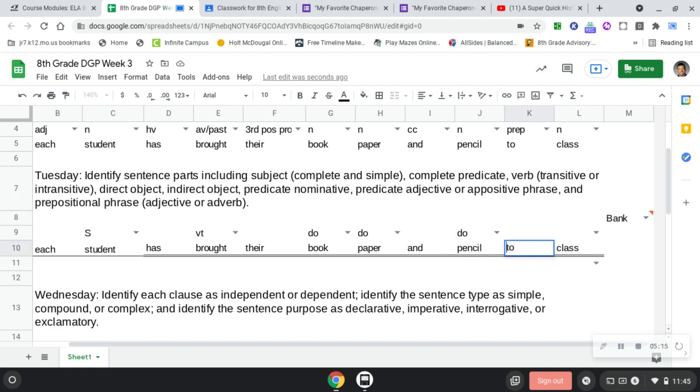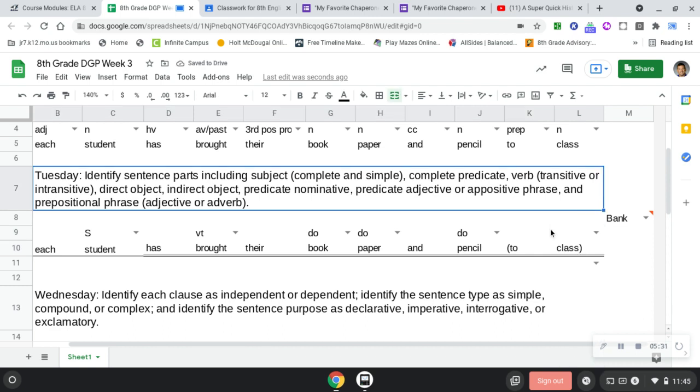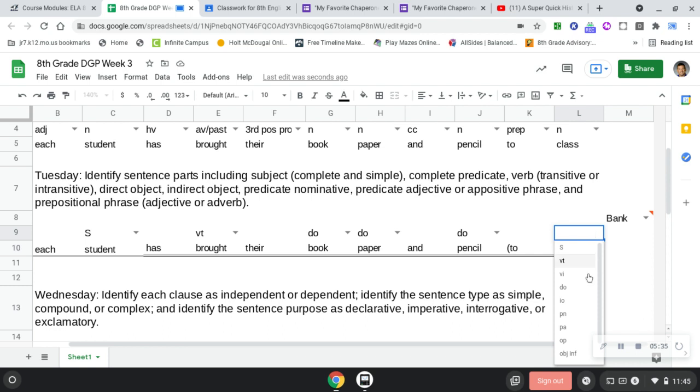So we put our parenthesis at the beginning of to and one at the end of class. Okay? So what does that make class in our sentence? It makes it our OP, our object of our preposition. This is the object that is affected by the preposition.